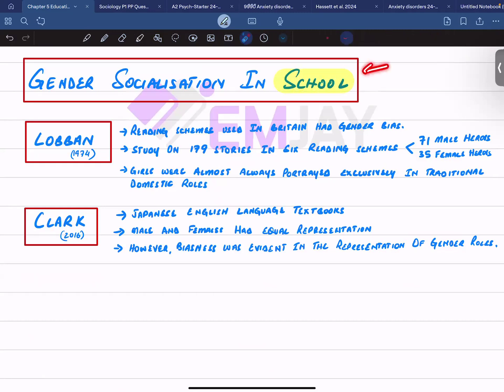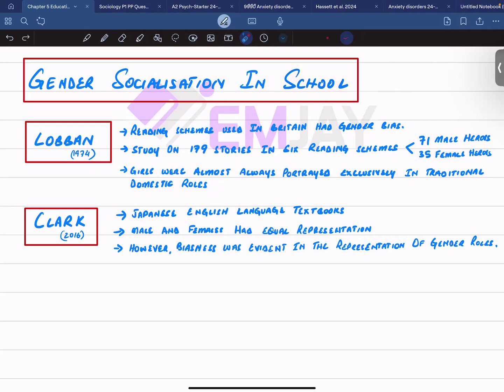Yes, now we're shifting the blame towards the education system, or the role that it plays in segregating different subjects, or rather, reinforcing the gender role socialization that had started off really early.